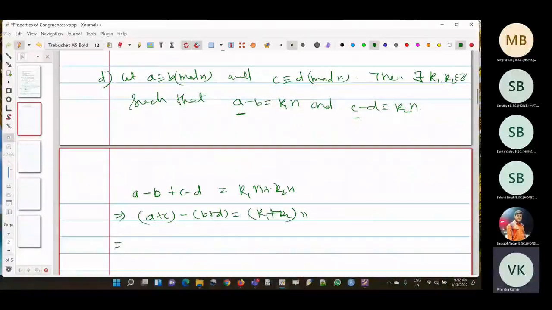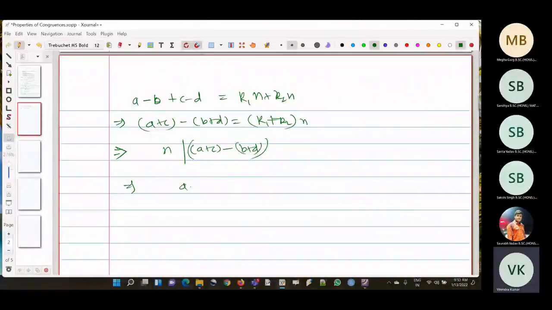And therefore, this implies that n divides A plus C minus B plus D. This quantity.